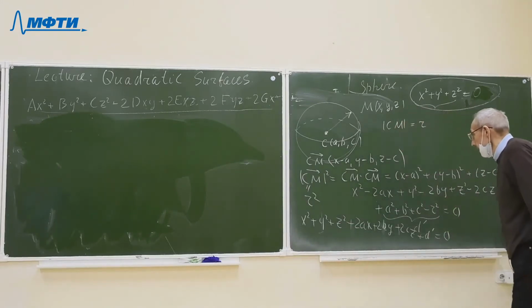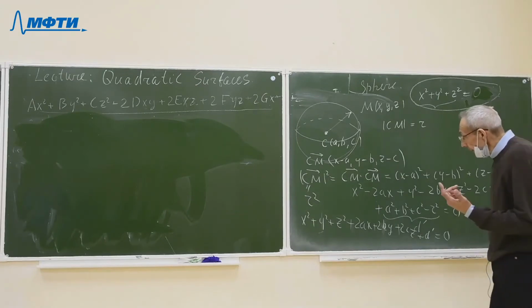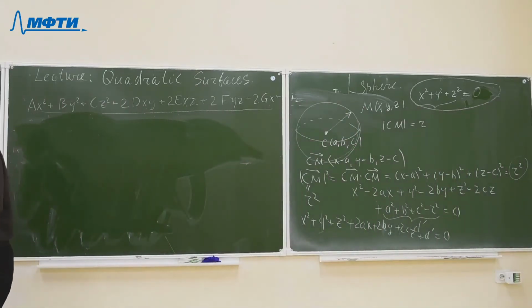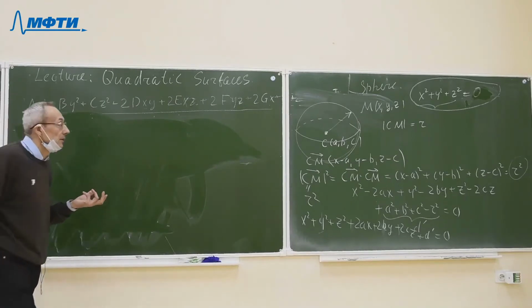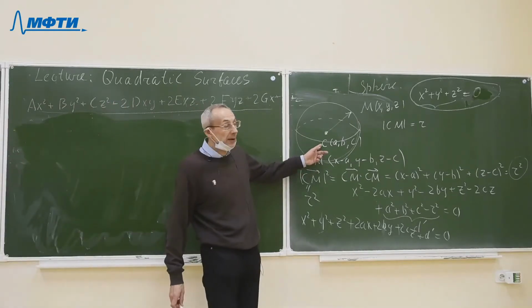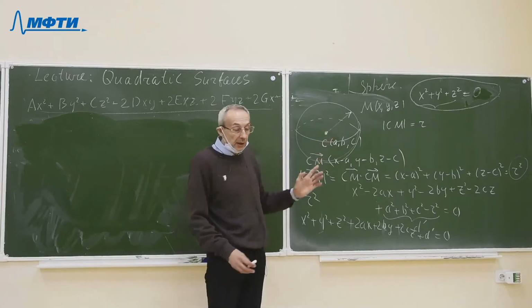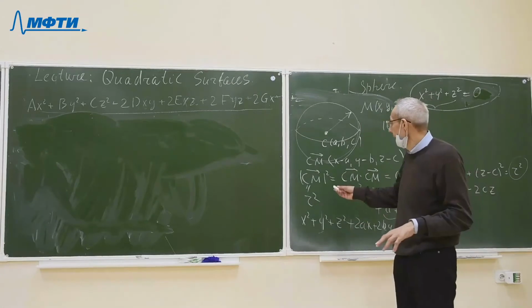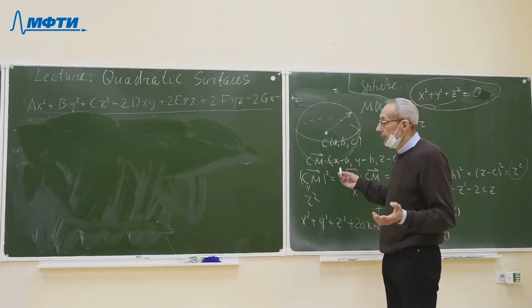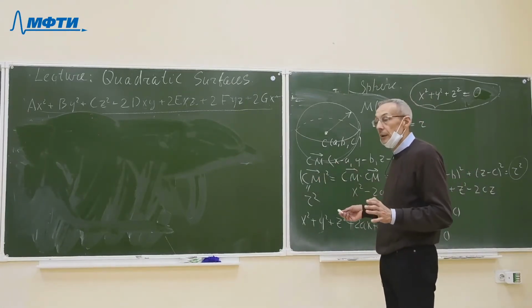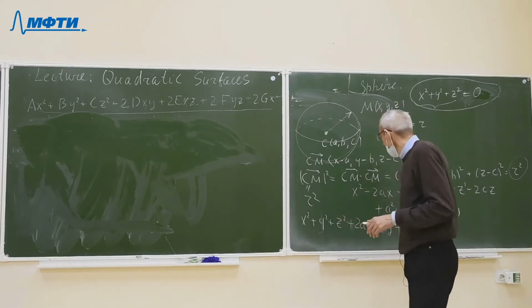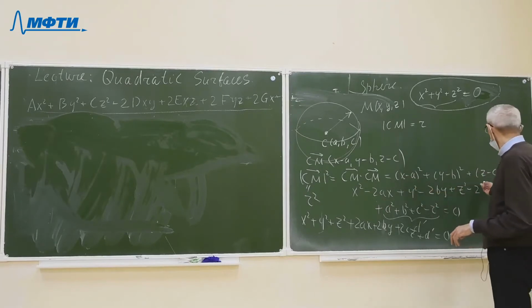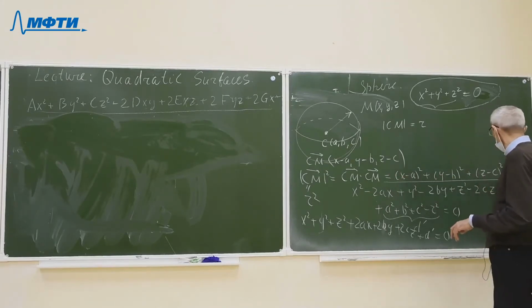A sphere is determined by its center and by the distance, and these data uniquely define a sphere in an arbitrary coordinate system. And we obtain the general equation of the sphere in this form.